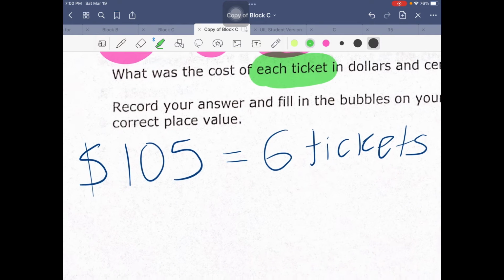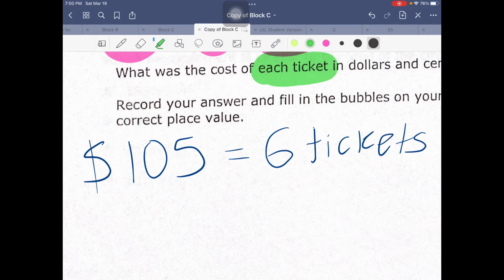Okay, well, we have $105. That's our total. The total amount paid. But it's for 6 tickets. How would we be able to find for 1 ticket how much they spent? Just for 1 ticket, how much would it be?